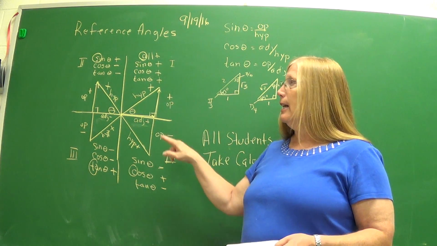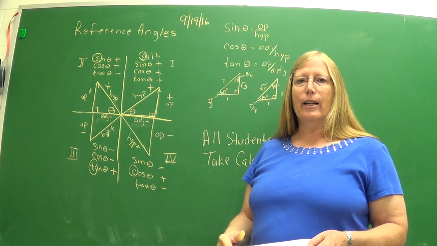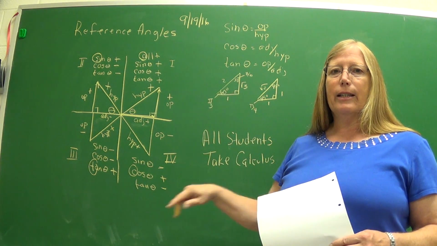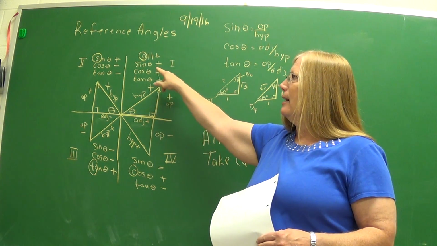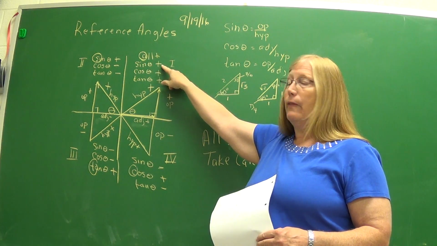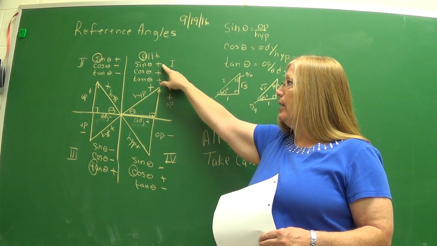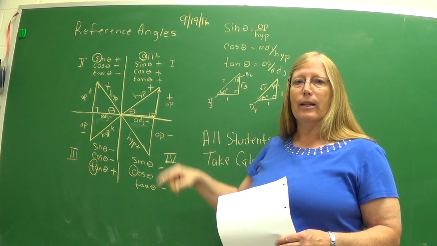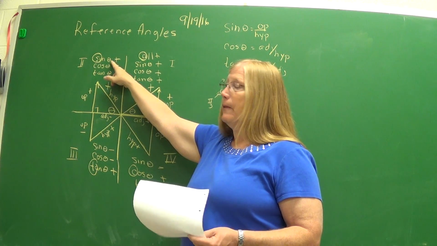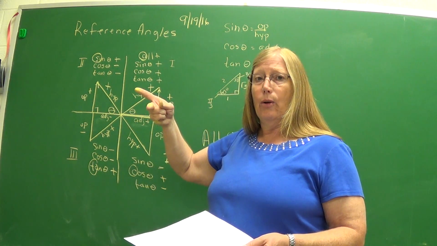Before I leave it, I want you to know I didn't write in the other 3 trig functions for each quadrant, so that sort of clutters our view. But the reciprocal of sine, the cosecant, is going to follow the same sign. So cosecant, secant, and cotangent are also positive. Over in quadrant 2, the reciprocal of sine is the cosecant.